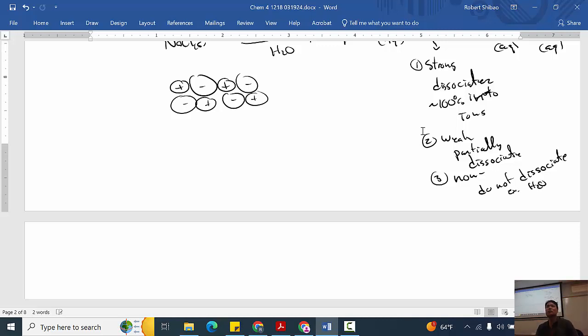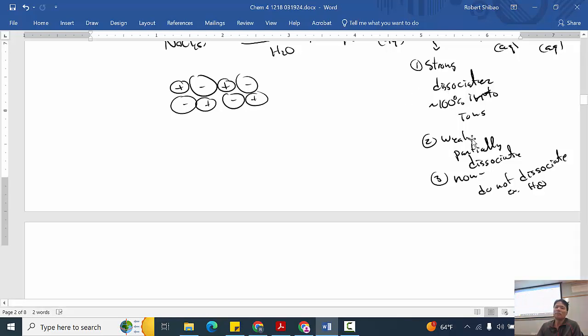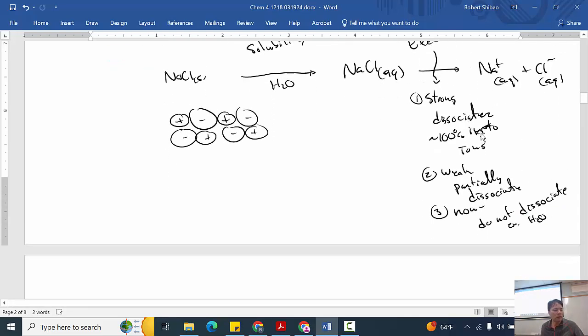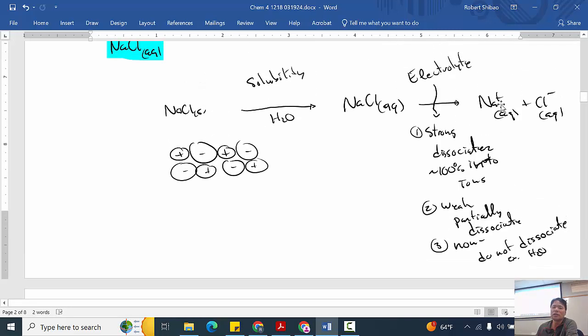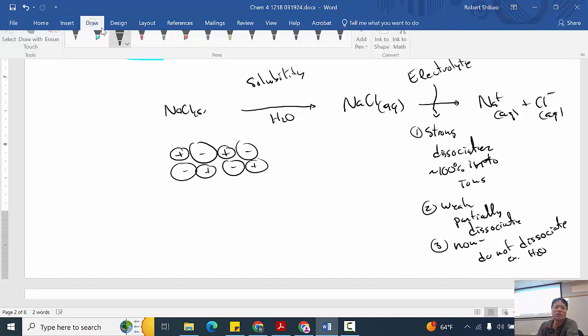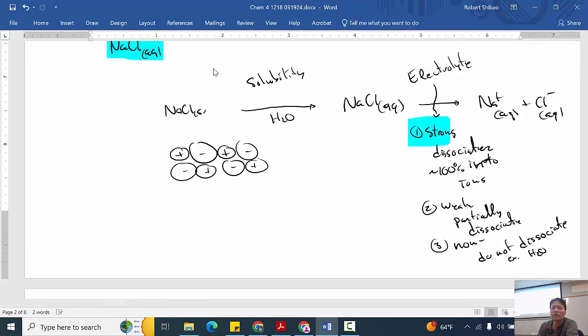Water doesn't conduct electricity because it won't dissociate into ions. It stays together as a neutral water molecule. Whereas sodium chloride, we predict it should conduct electricity because it's a strong electrolyte, and strong electrolytes dissociate into ions when dissolved in water.